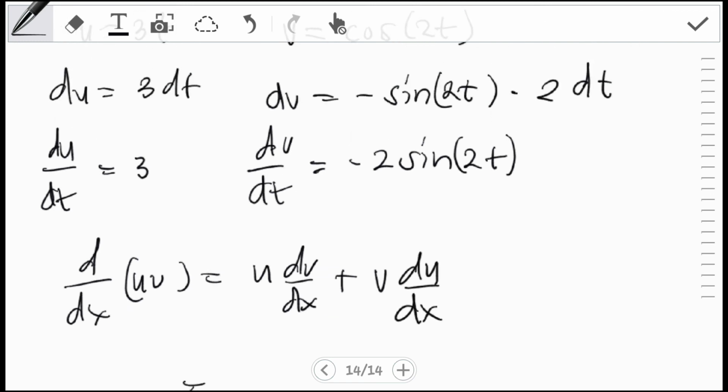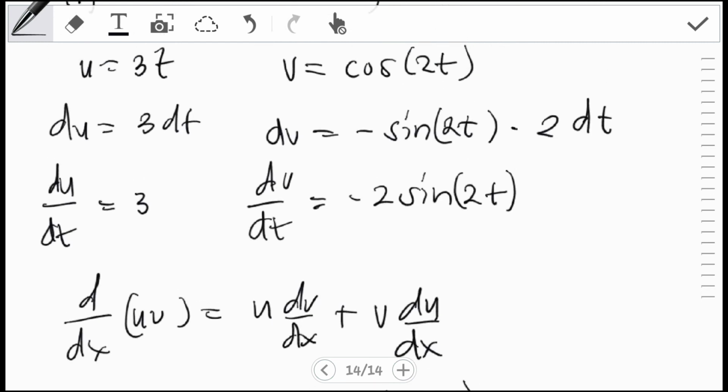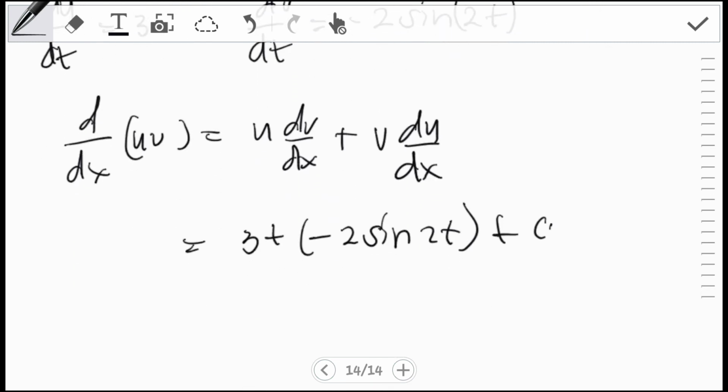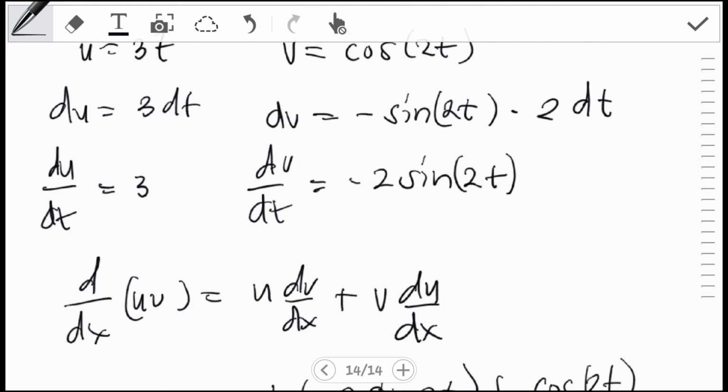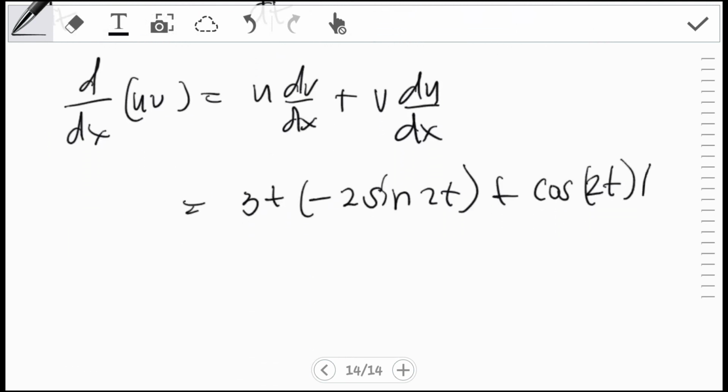So, where u here is 3t, where dv over dt is negative 2 sine 2t, then plus where v here is cosine 2t, and then where du over dt, okay, that is 3.